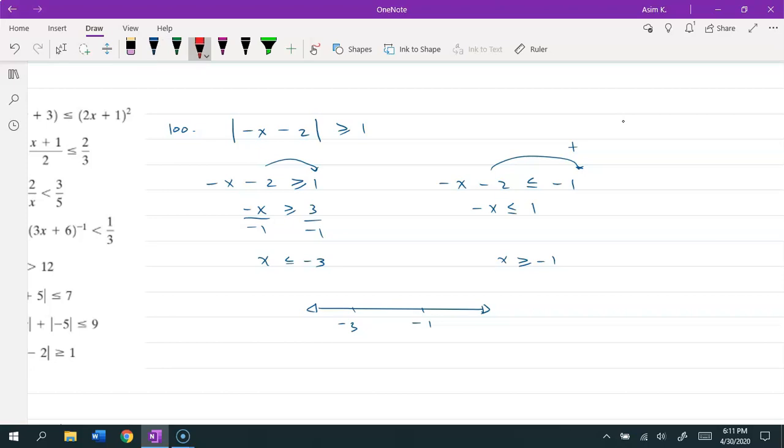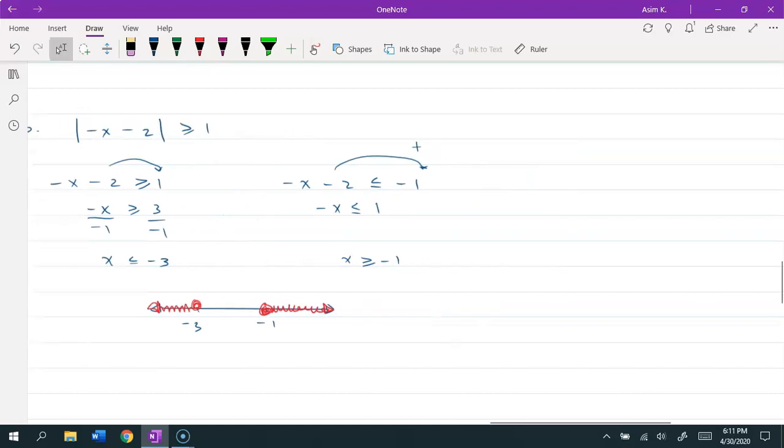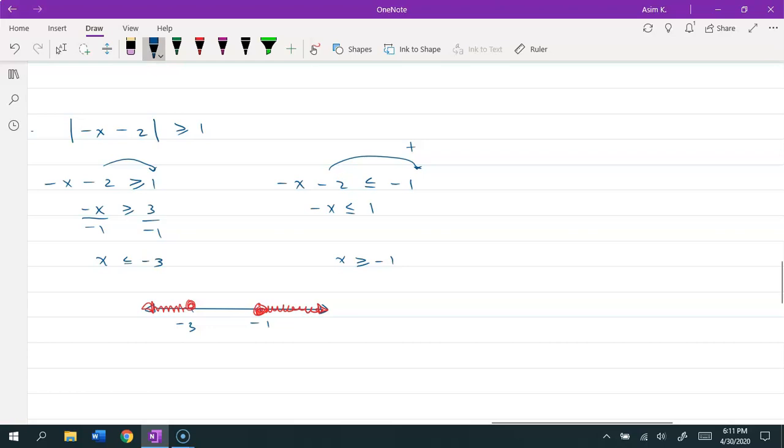So if x is a number that's less than or equal to negative 3, it's got to be this way, all right? And if x is a number that's greater than or equal to negative 1, it's going to be the other way, like that. And so one conclusion that I want you to come to eventually is basically here's the case.